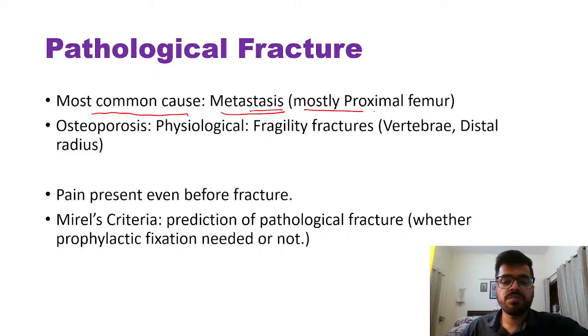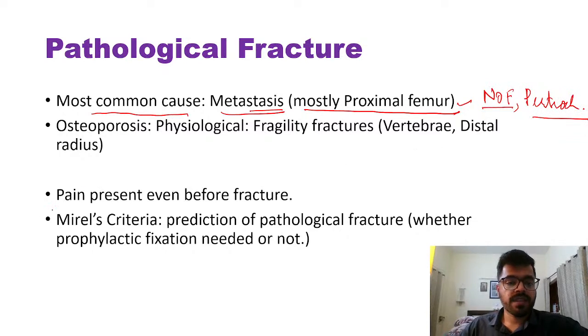Mostly it occurs in proximal femur, maybe neck of femur fracture, maybe pertrochanteric. And previously we used to say that the most common cause of pathological fracture is osteoporosis because it is much more common than metastasis, much more common.